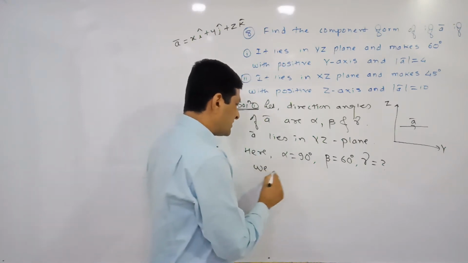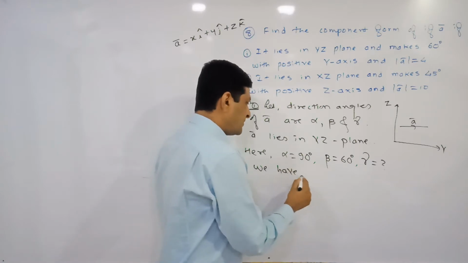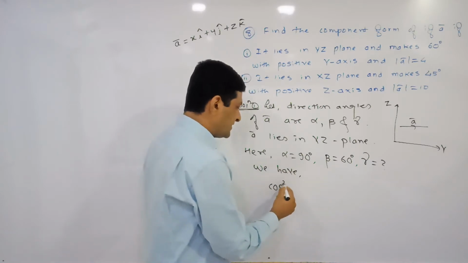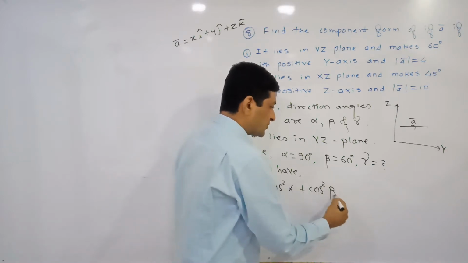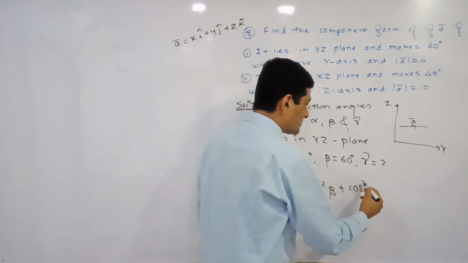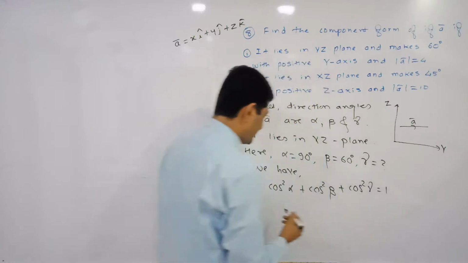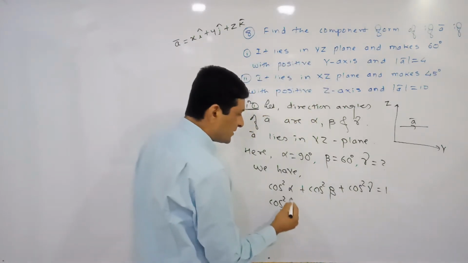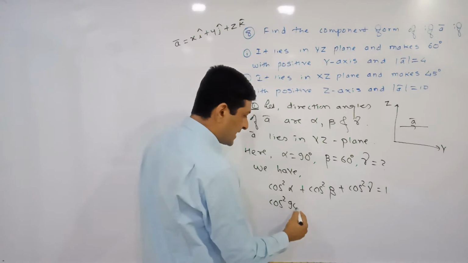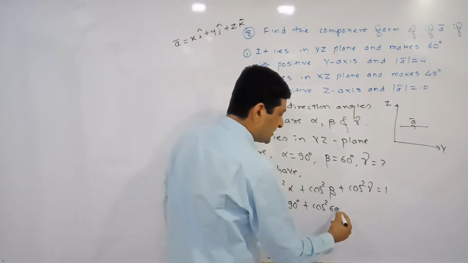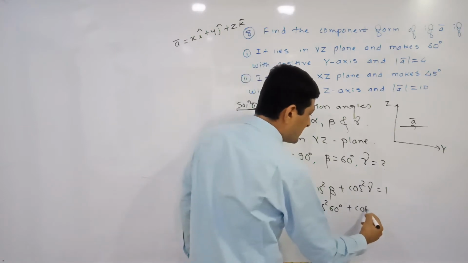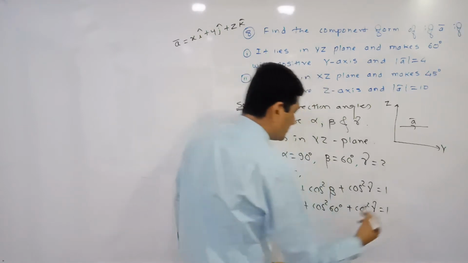To find the value of gamma, we have one condition which we have applied in many examples: cos square alpha plus cos square beta plus cos square gamma is equal to 1. So keep cos square, replace alpha by its value 90 degree, plus cos square 60 degrees for beta, plus cos square gamma, the unknown value which we have to find out.